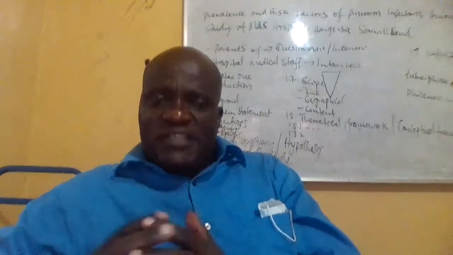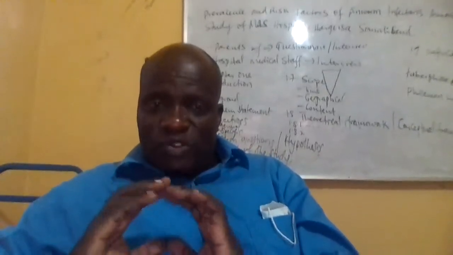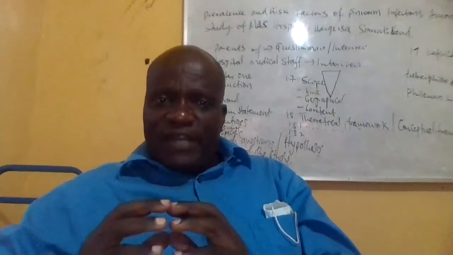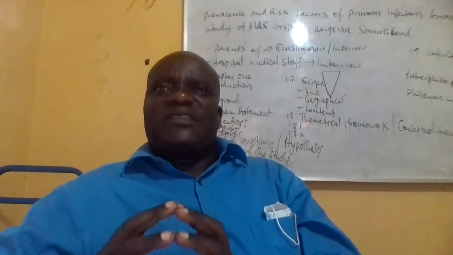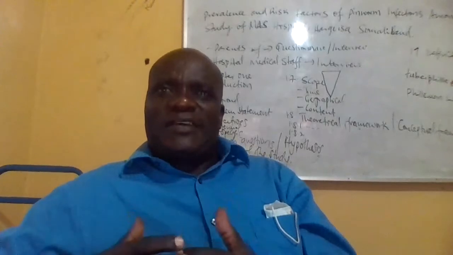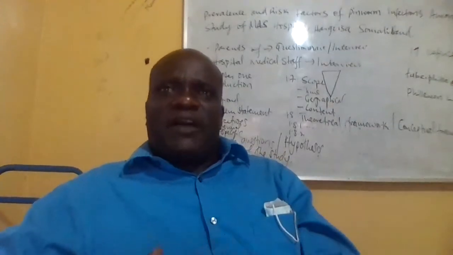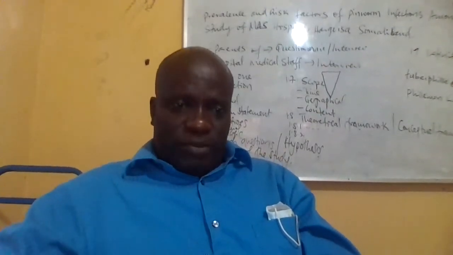Here, the researcher is supposed to show clearly, precisely, the variables to be investigated in the study. And in this case, they are the independent variables and the dependent variables.